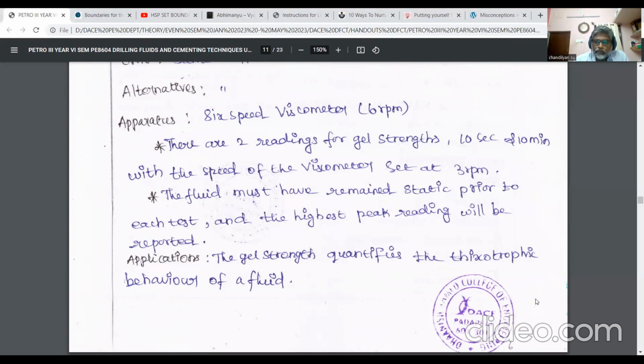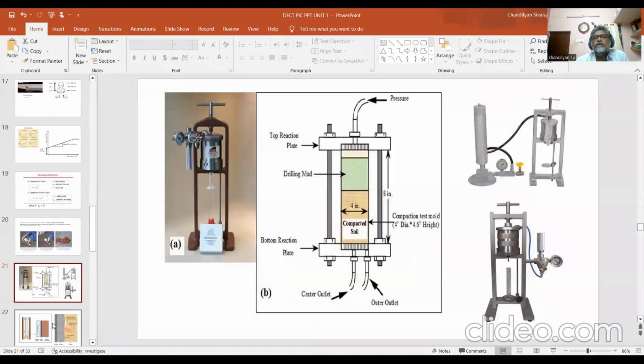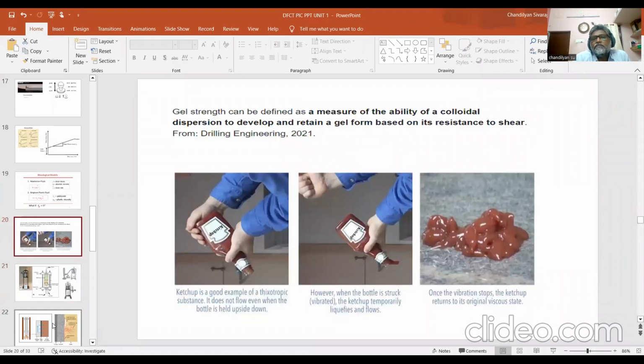When you put stress on it, what happens to the viscosity? Viscosity will get reduced, obviously. That nature is called thixotropic. I have put together a visualization for you to better understand thixotropy. Let's get into the example here. Gel strength can be measured as the ability of a colloidal dispersion to develop a gel or retain itself as a gel.